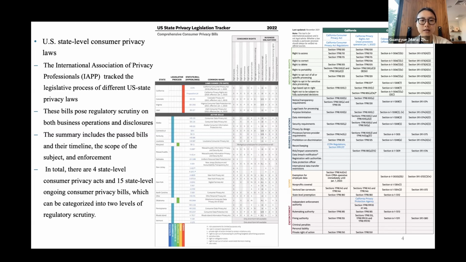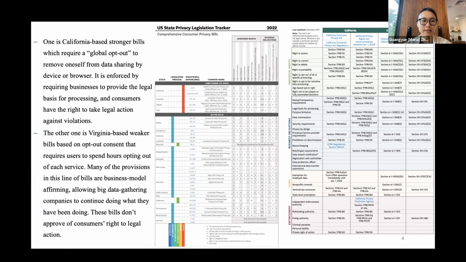This line of laws guarantees a global opt-out option for consumers, which means by a click of a button, you can opt out of all the data collection and data use from websites. It also gives consumers the right to take legal actions against violations of these laws from business operations.